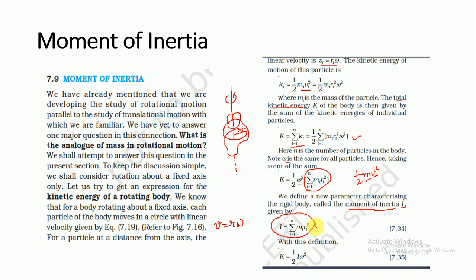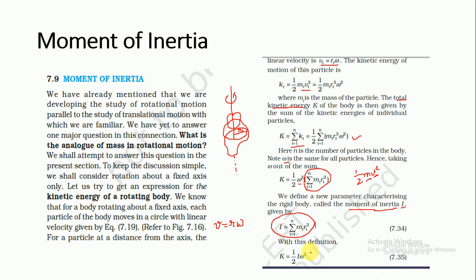So if you want to find out the moment of inertia of any object whose mass particles are given and for which you know the radii of the circles in which the different particles are moving, you have to simply take the summation of this physical quantity m r square for all the particles.